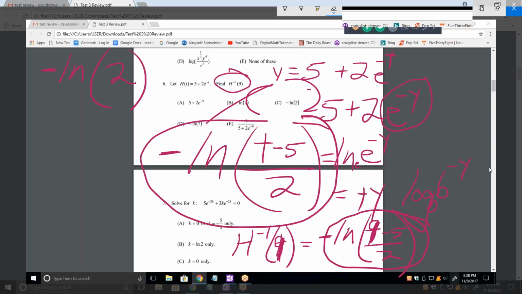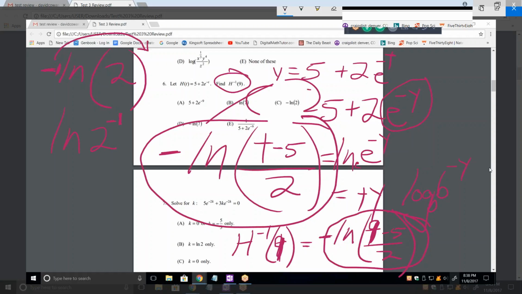Now, the reason I asked whether that is one of the answers is because there's a couple of ways I could write this. Notice that that is a minus 1, right? Which means I can move it to an exponent. So what I have written is the same as this.